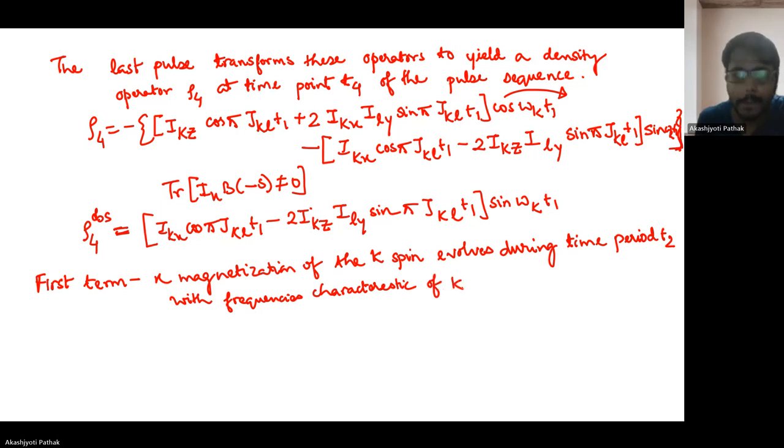So the first term represents the X magnetization of the K spin, which evolves during time period T2 with frequencies characteristic of the K spin.